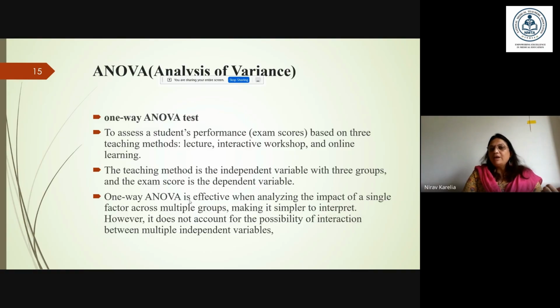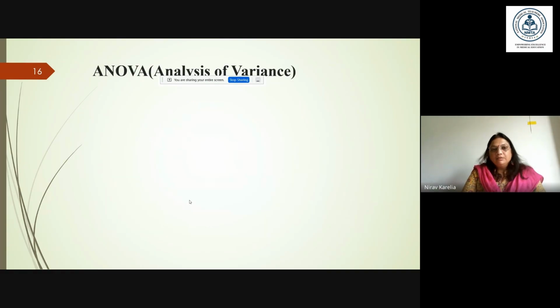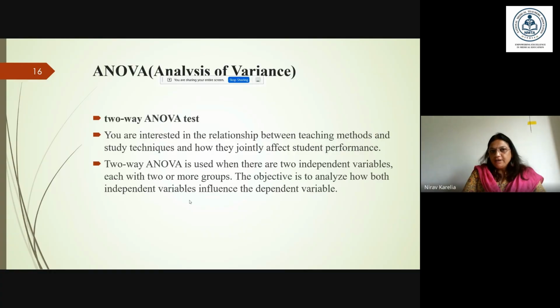That is why, when the dependent variable or outcome you measure is single, it is known as univariate. So this is the univariate ANOVA.